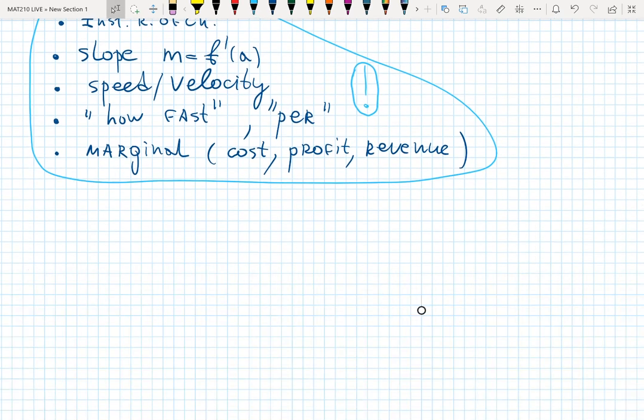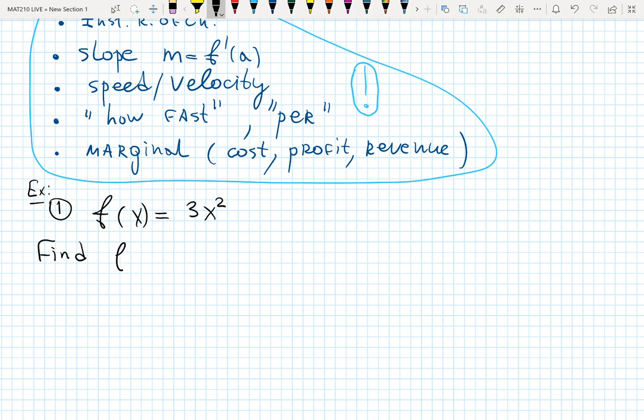Now, finally we ask you, that's going to be my last list of examples. Find the derivative of the function f of x, which is 3x squared. Find f prime of x using definition.